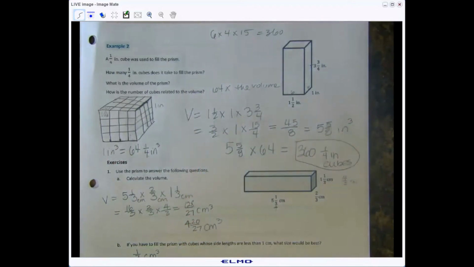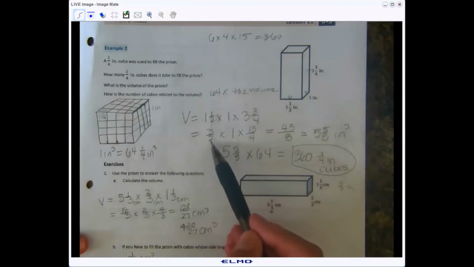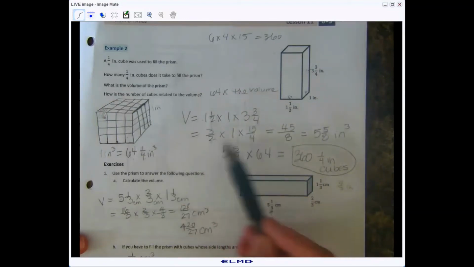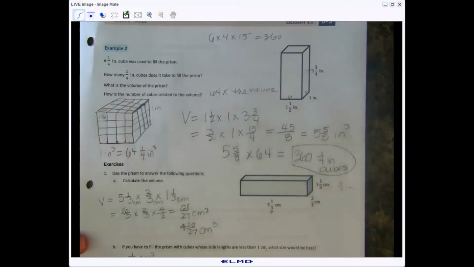You need to be very fluent in fraction arithmetic for algebra, all right? So you need to keep your skills and keep your concepts clear on fraction multiplication. It might take a little review. You're going to convert to an improper fraction and multiply. You multiply straight across the top, straight across the bottom, and you get 5 5/8.